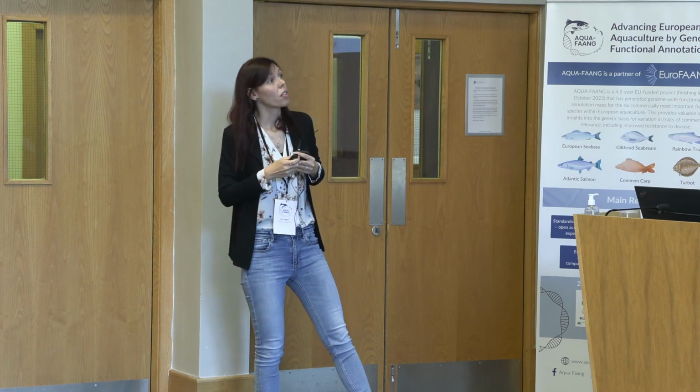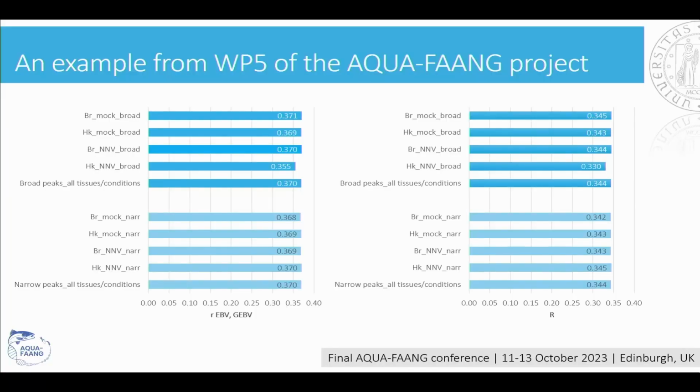So these are just some preliminary results. On the left, you can see the correlation between estimated breeding values, using the pedigree information, and the genomic estimated breeding values obtained using the methods I explained. These are just Pearson correlations, and it's more or less 0.37.